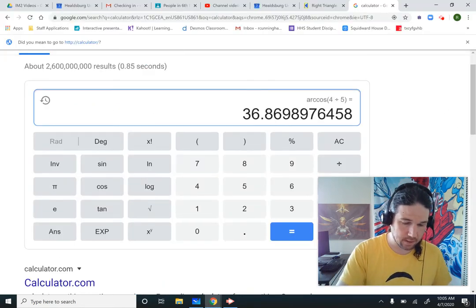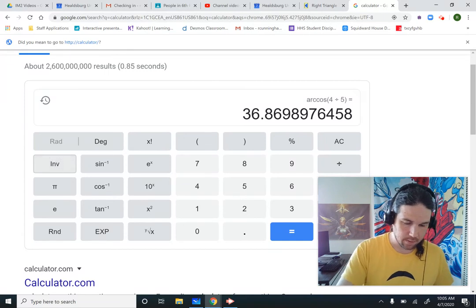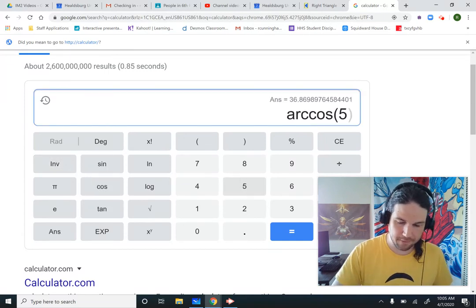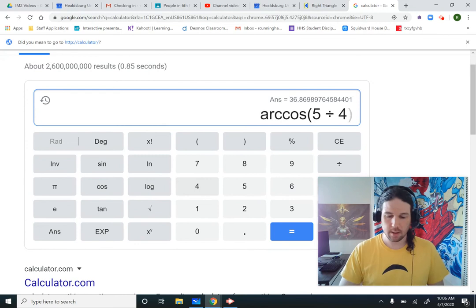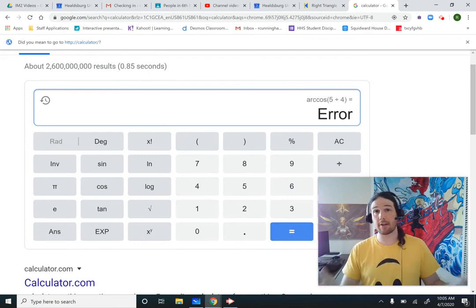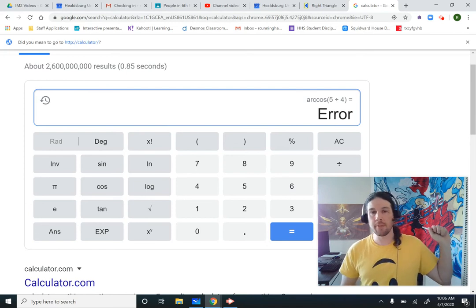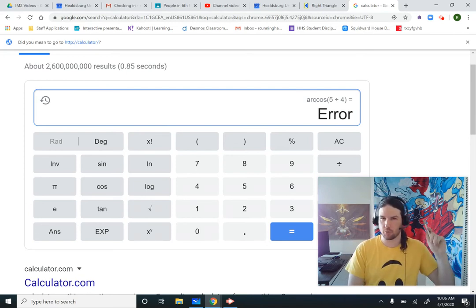If I say cosine -1 of 5 divided by 4, and I hit enter, it says error. On your calculator, it might say error domain. And the reason for this should be obvious once you really think about what cosine means.